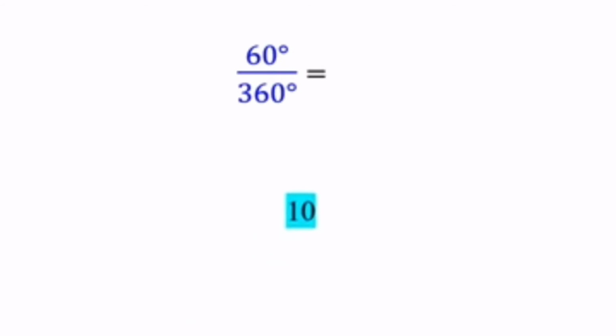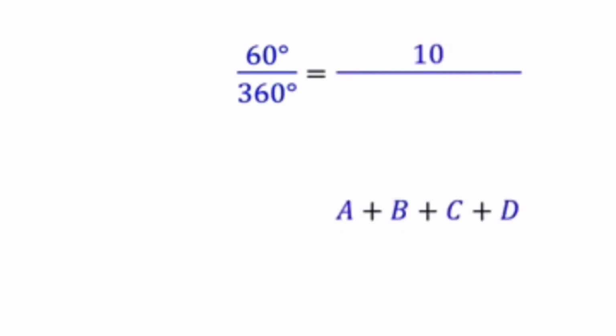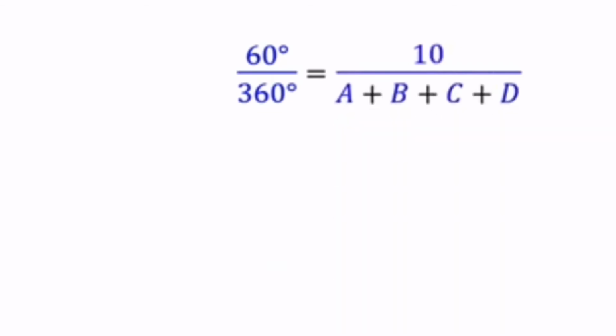Then as a whole, you have to actually over the total from sector A, B, C, and D, because all these are the total sectors of the circle. So we have to take the ratio of 10 over the sector of A plus B plus C plus D, and hence we will try to solve using the concept of the ratio.